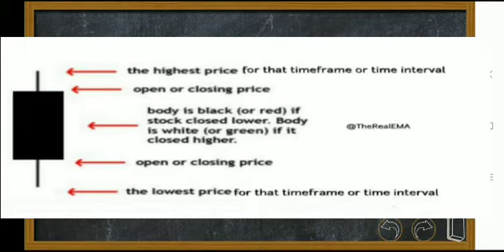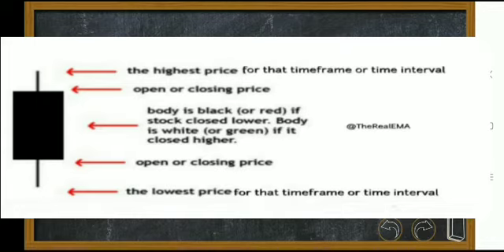As we said, for each and every time frame we will have a specific candle aligned with the time frame. If you remember the time frames, then you will know that for each and every time frame there will be a candle forming and closing. Then the next candle will follow, and the next, just like that. It will be continuous.